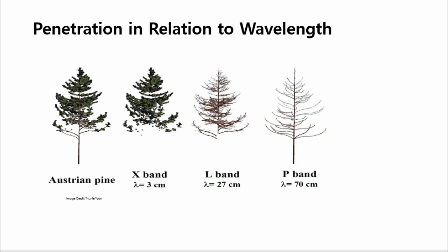But with longer wavelengths, like L-band or P-band, the signal penetrates through the leaves and even enters the branches, even the trunk. These are the targets that they are actually reading. So depending on the wavelength, the parts that you read from will be different.